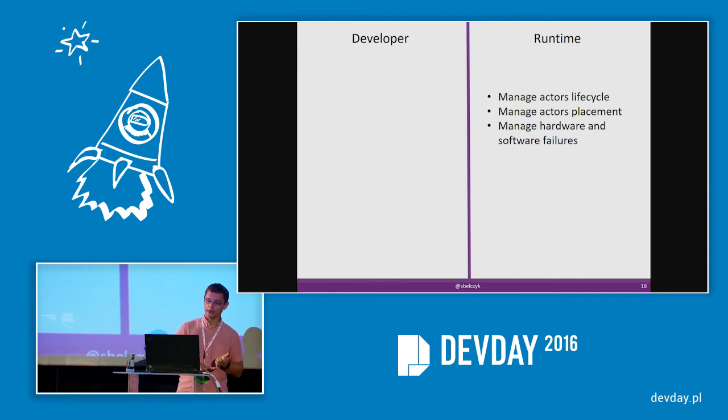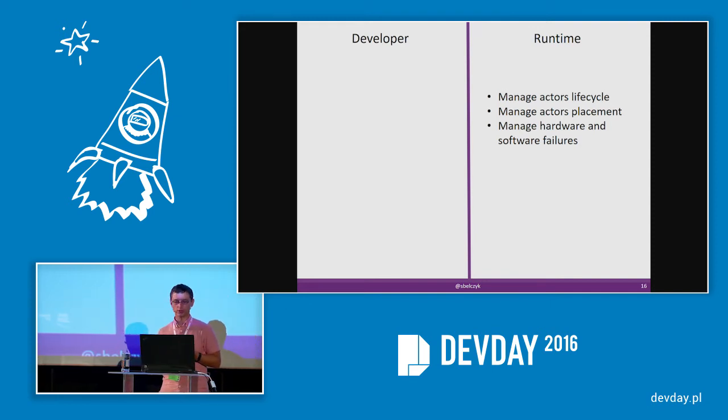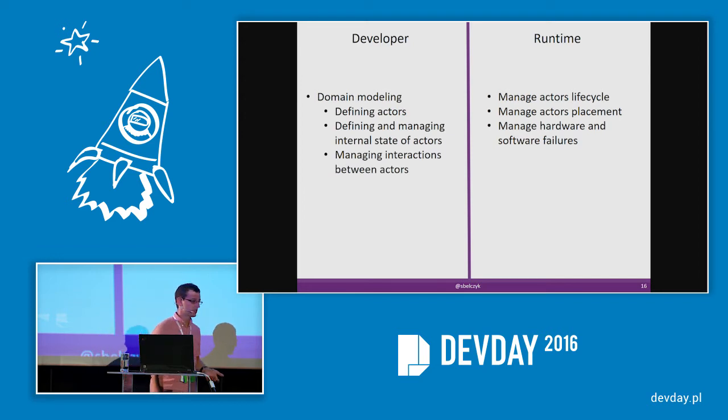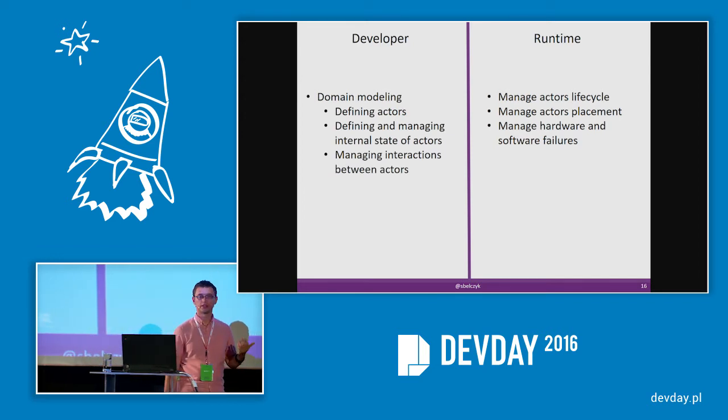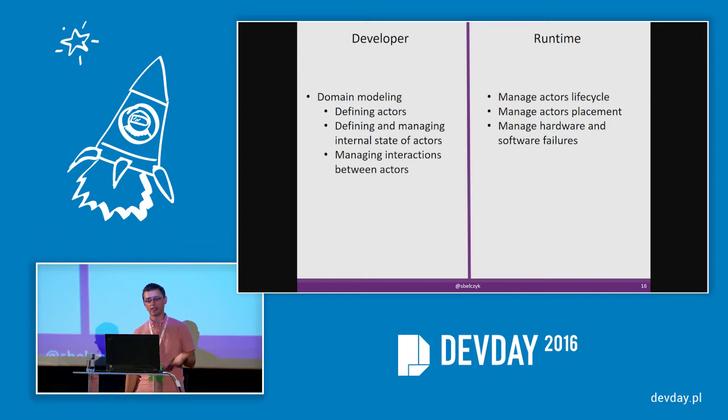It's managing failures, so if the actor fails, it will recreate it. And it is also managing actor placement, so the runtime decides where to put a given actor, on which node. On the developer side, the developer is concerned with domain modeling: defining actors, defining and managing their state, and orchestrating interactions between actors.